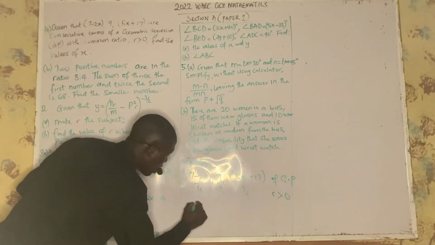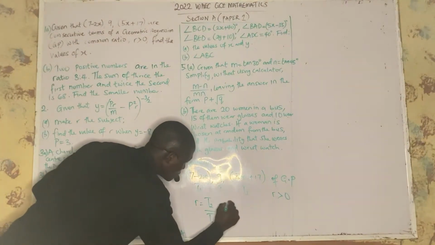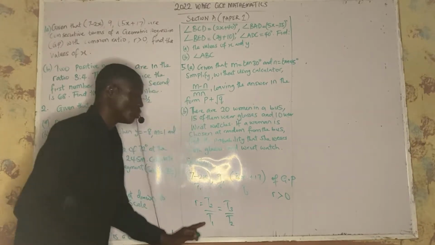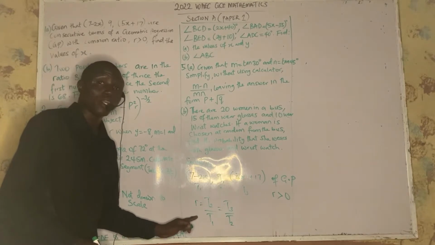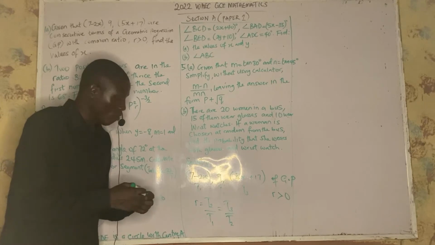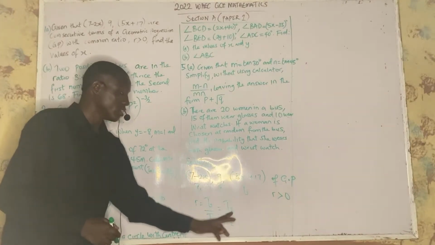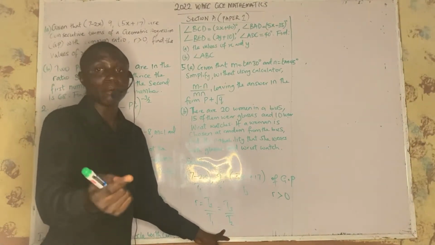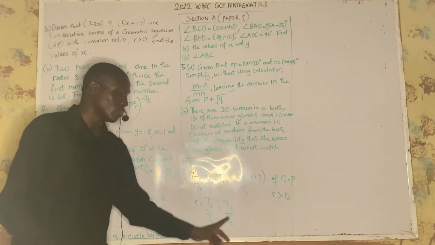When I'm looking for the common ratio, we use r equal to T2 divided by T1, equal to T3 divided by T2. That is the succeeding term over the preceding term, and that's what we're doing now.